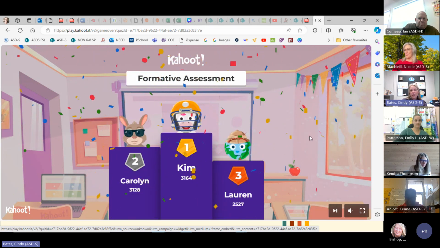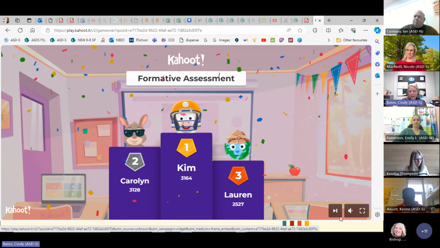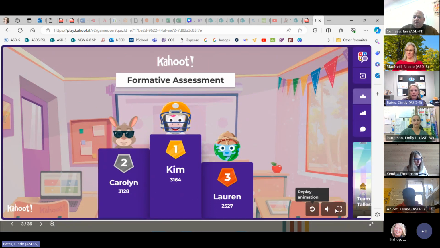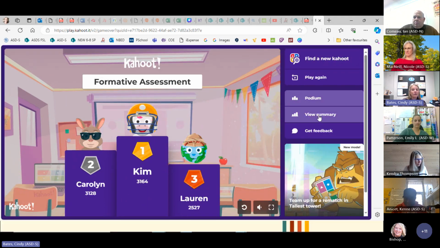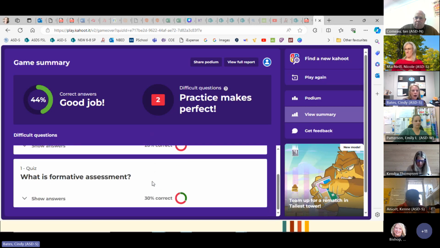One of the cool things about Kahoot, in addition to it just being fun, is that you also get other information like the summary. This is the free version. You can pay to get additional reports. Here, for example, I can see right off the bat that only 20% got number 5 correct. So we know that's definitely an area where we want to focus a little bit more.